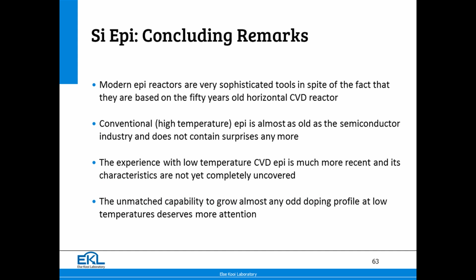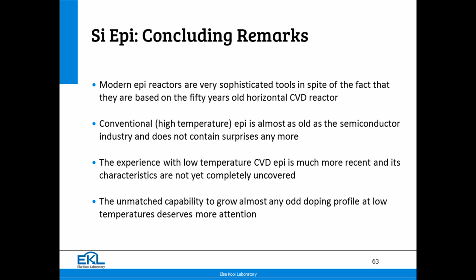Concluding remarks. Few. Modern epi reactors are very sophisticated tools, in spite of the fact that they are all based on the at least 50 years old horizontal reactor. All the nice improvements we saw at the end of the 70s, beginning of the 80s, LPCVD, meant the horizontal reactor for nitride and oxide wasn't used anymore.